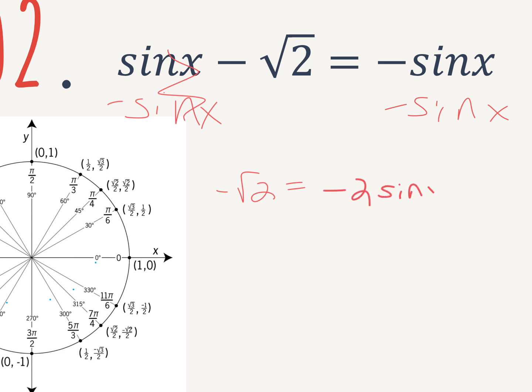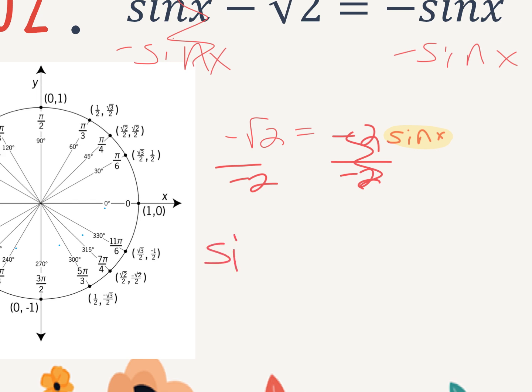And again, guys, if you need to highlight, underline, whatever, you're trying to isolate that trig function. So what are you going to do to both sides? Divide by negative 2. This is where it's really important to be diligent with your signs, not get messy, because the difference between negative and positive is a big deal here. So this ends up saying sine x equals positive square root of 2 over 2, correct?